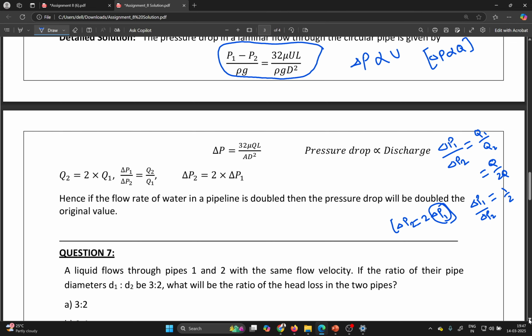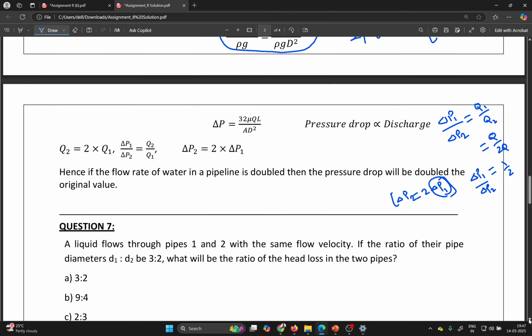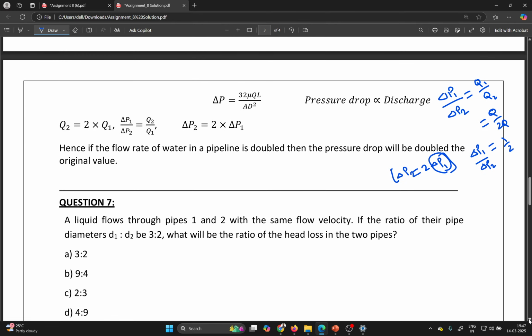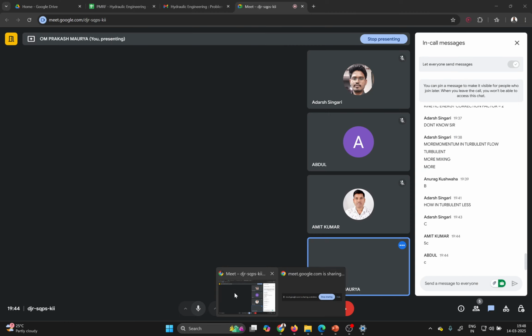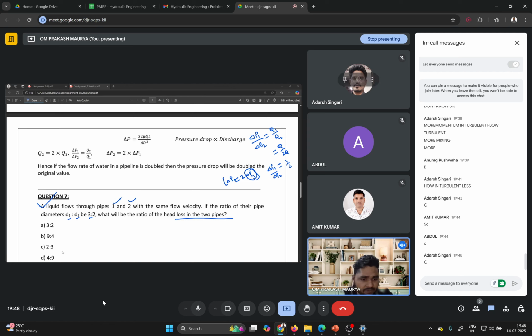Now the next question, question number 7. A liquid flows through pipes 1 and 2 with the same flow velocity. If the ratio of their pipe diameters D1 to D2 is 3 to 2, what will be the ratio of head loss in the two pipes? In a similar manner to the previous one, try to give your answer.